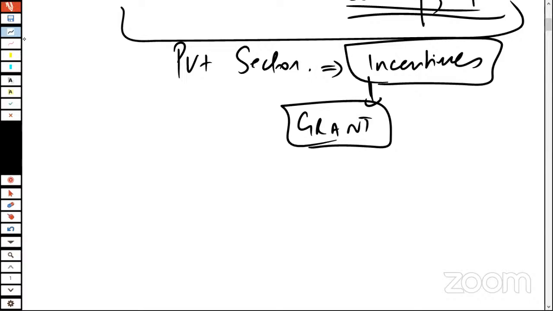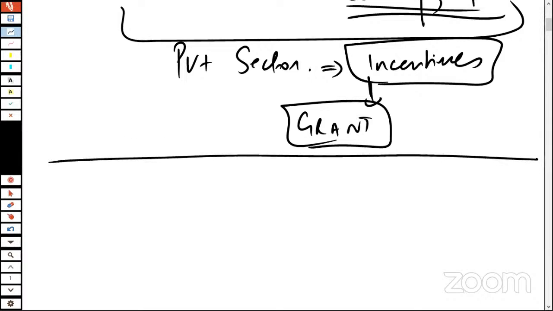Now you need to understand that government grants are benefits.